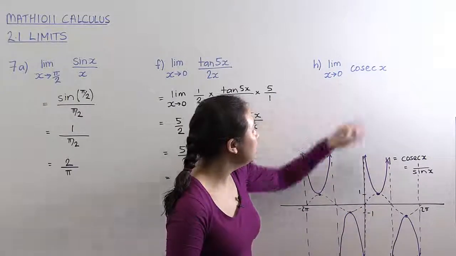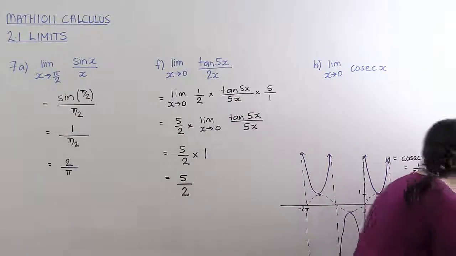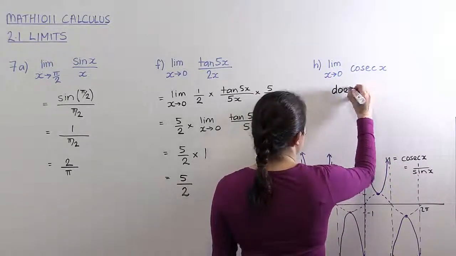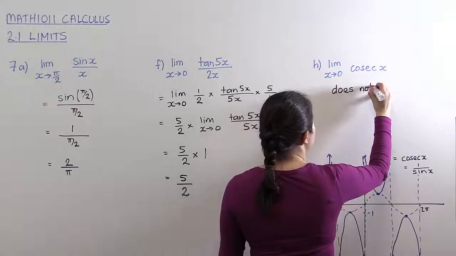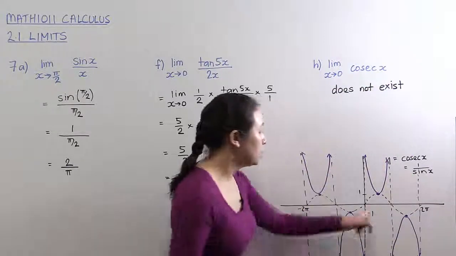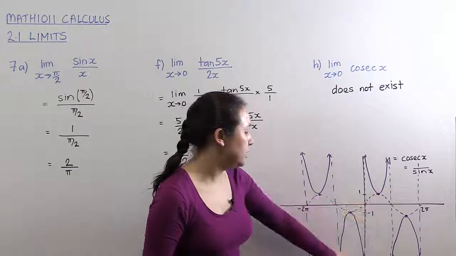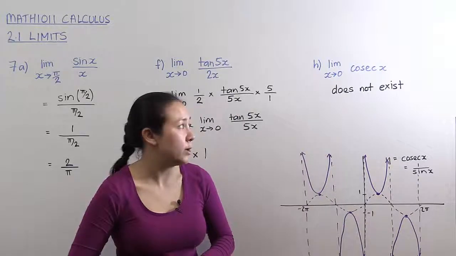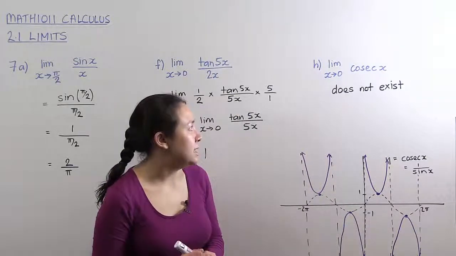So this limit actually does not exist. Okay, so we can't even say it tends to plus or minus infinity. It does not exist at all because on one side it's heading towards positive infinity and on the other side it's tending towards minus infinity.